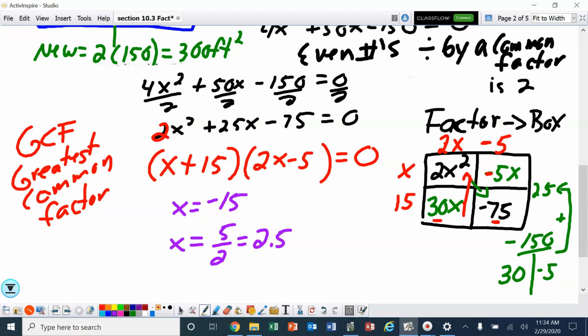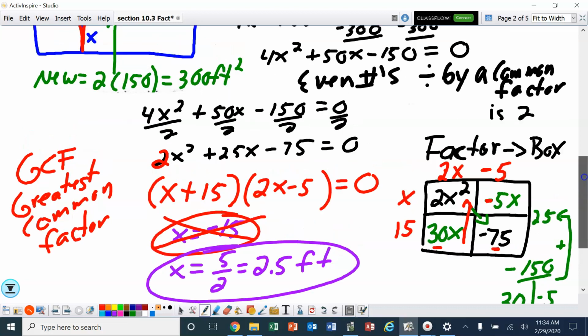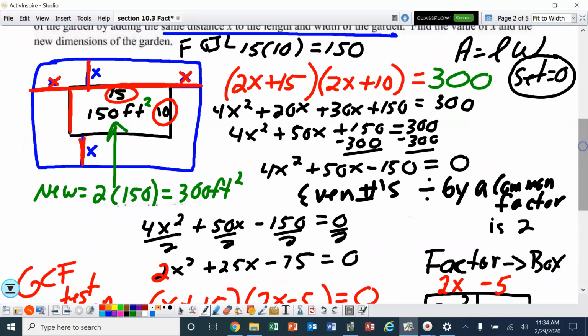Again, we cannot have a negative dimension. So that means they're going to need to add 2.5 feet to each side. So this is 2.5 feet. This is 2.5 feet. This is 2.5 feet.